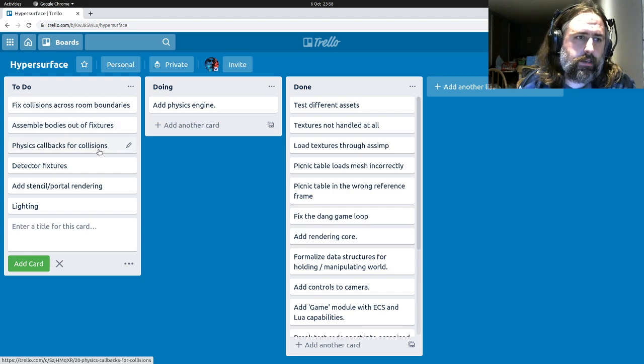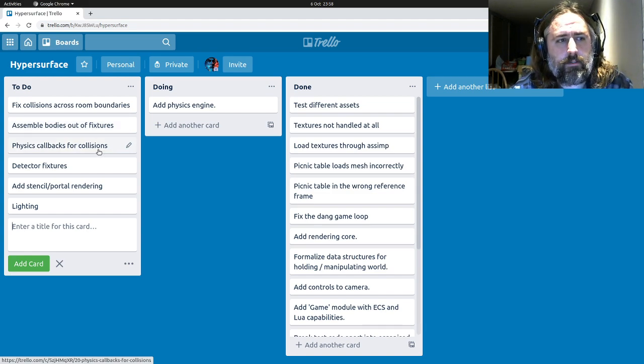Physics callback for collisions and detector fixtures, so you might want to have a door that opens, and one way to do that is to give it a collision box that hits the player only, and when the player steps into that collision box it triggers a collision callback and then the door opens. I mean, that's almost certainly something I will want to have.